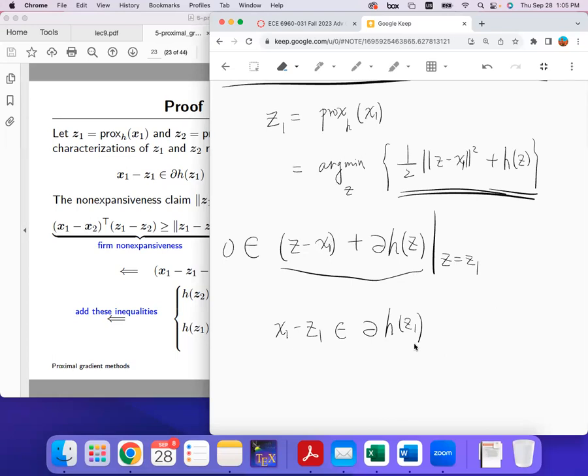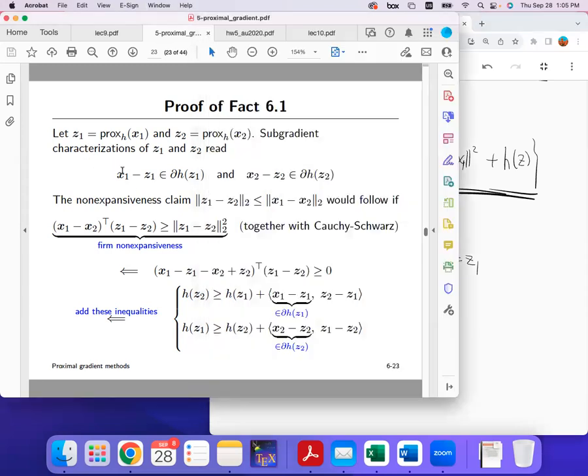So this shows that this point Z1 must satisfy this inclusion equation just by optimality of this optimization problem. So we have this inclusion. And similarly for x2 and z2.